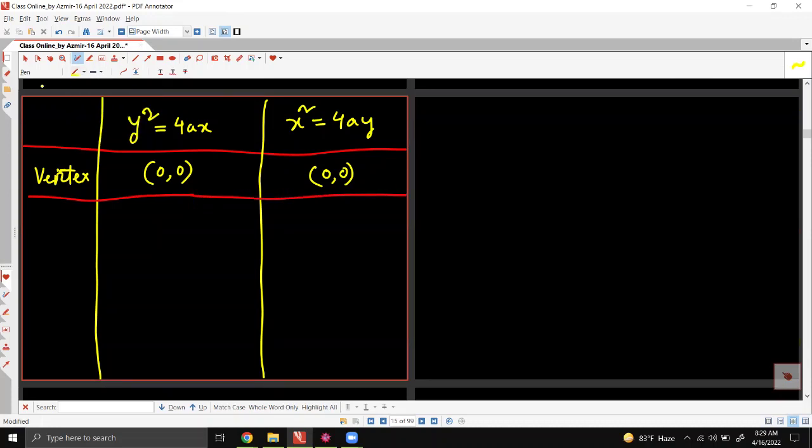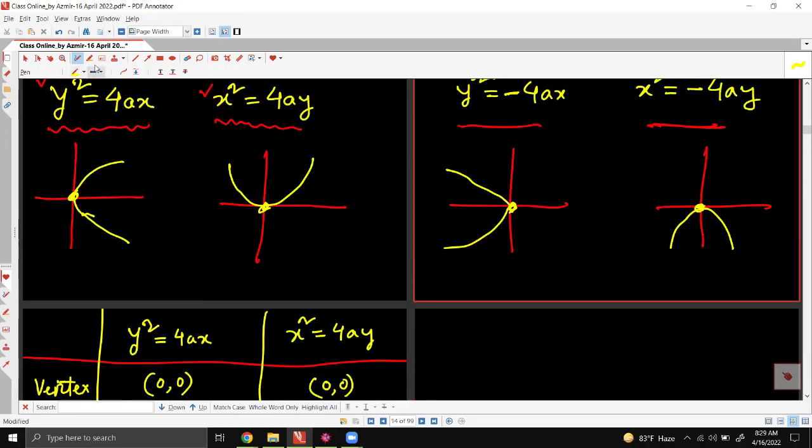Next, we have to look at where the focus is. The focus will be here, at a distance a. This is the focus, let's say F, and V is the vertex. Similarly, for this equation, from the origin at a distance a, we will get a focus F, and this is the vertex.